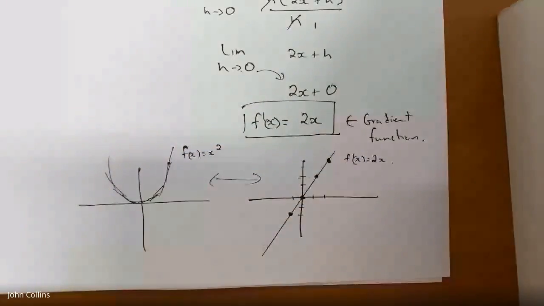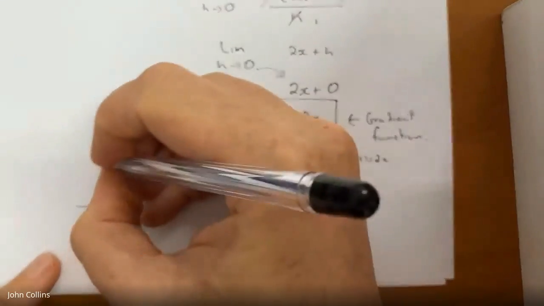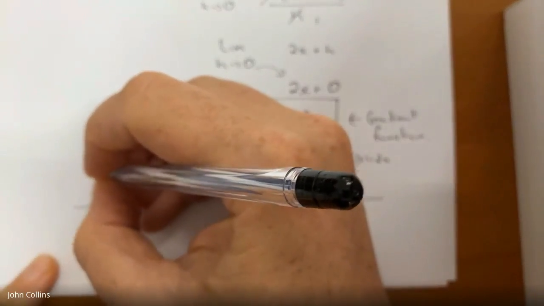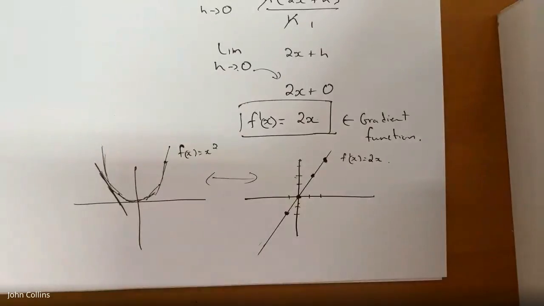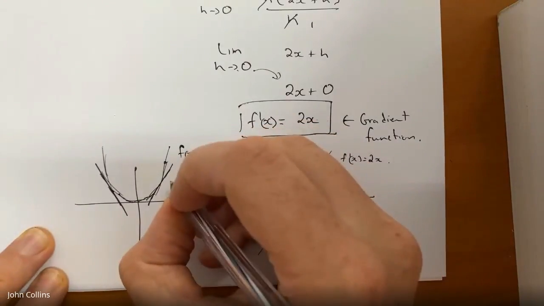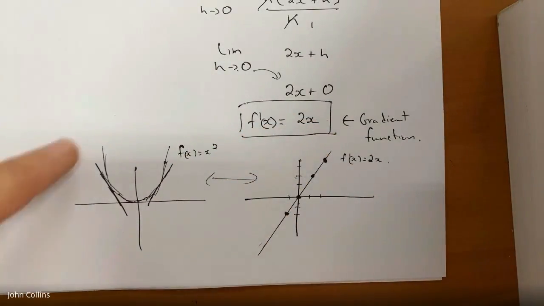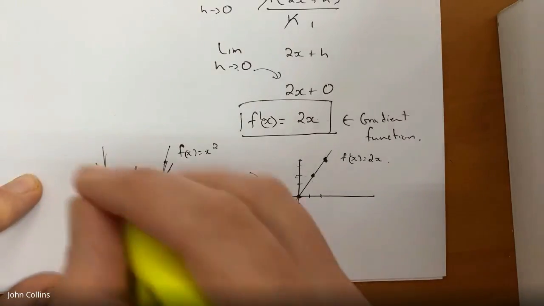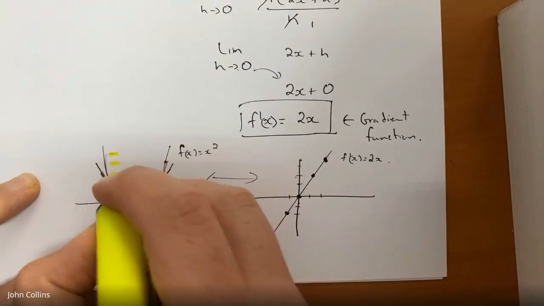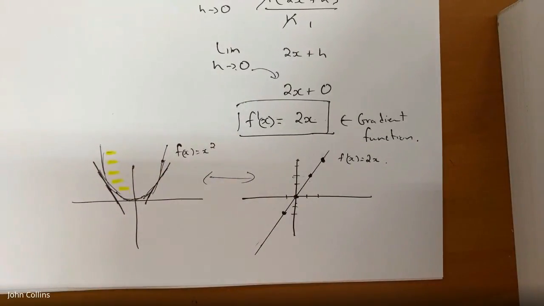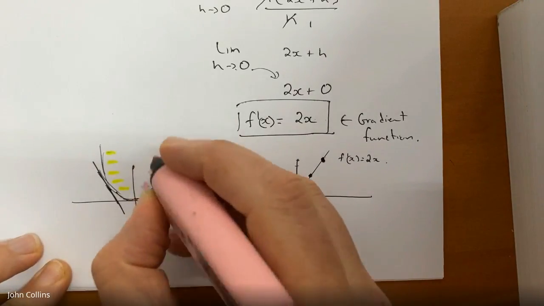If we look at the parabola itself and drew a tangent on this negative side, the slope of that tangent is negative. And if I drew in a tangent over on this side, the slope is positive. All the tangents on this side are going downhill, so they're all negative slopes. On the other side, they're all positive slopes, going uphill.